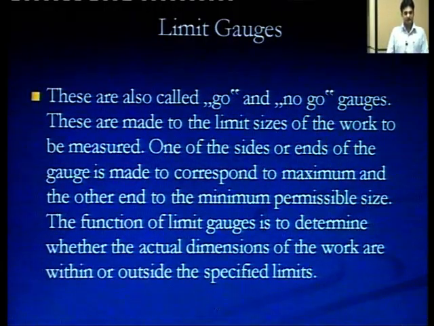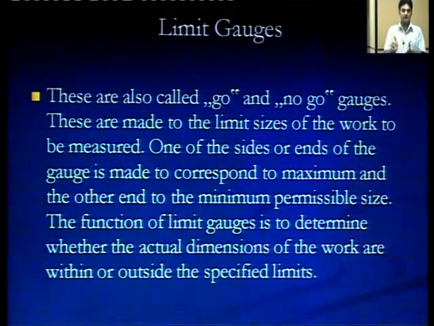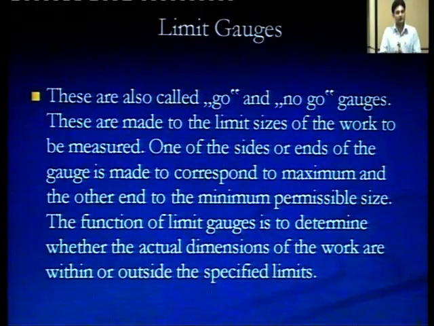Limit gauges are also called go and no go gauges, that I have told you in the starting slides. So these are made to the limit sizes of the work to be measured. Means they tell whether the workpiece that we are going to check with the gauges is within the specified limit or not.